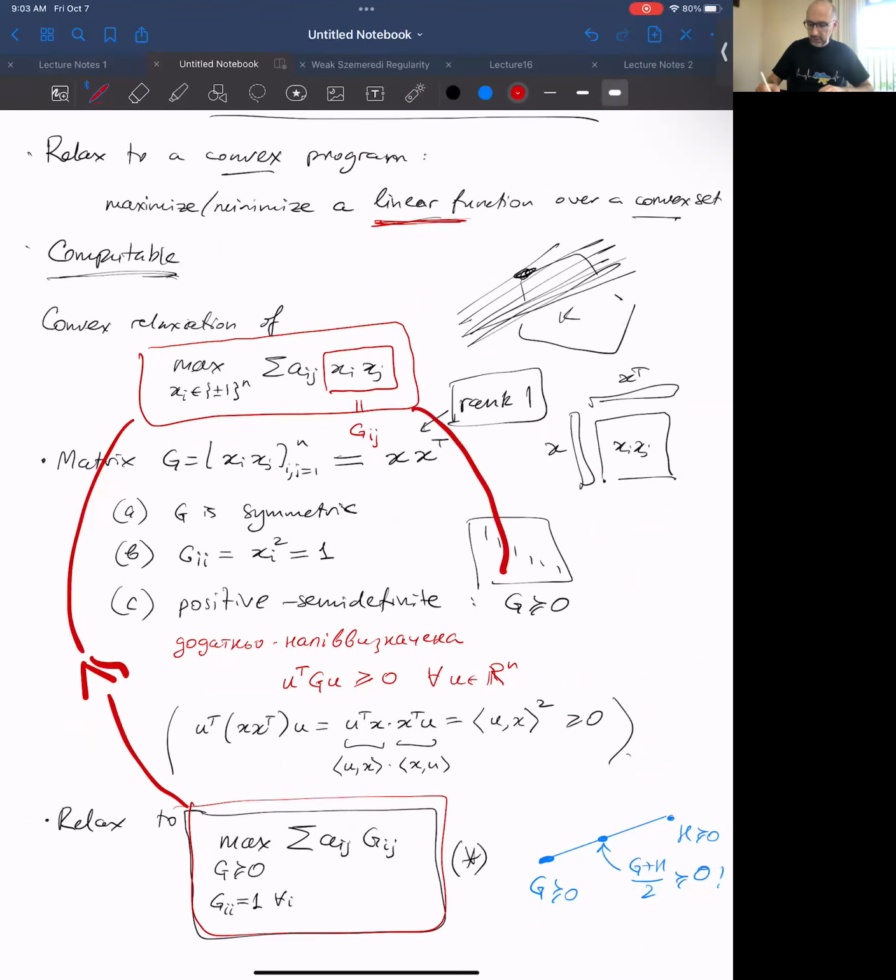Here we'll have the opposite direction with an absolute constant C times that. So this is up to an absolute constant factor, and the constant is not so bad. I think it's like 2 or 3 or something like this, the best known. These problems are equivalent to each other.